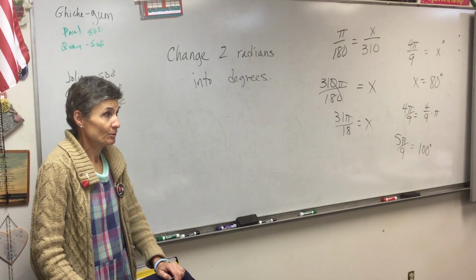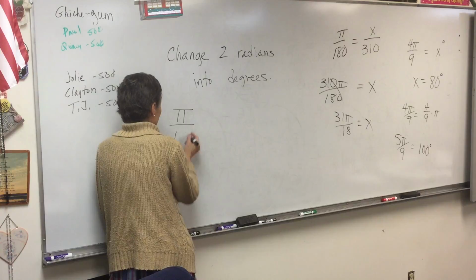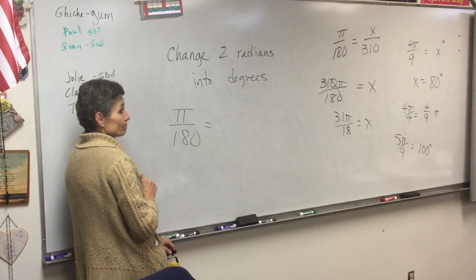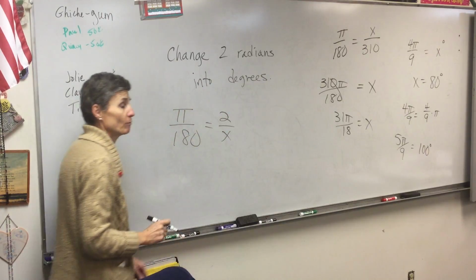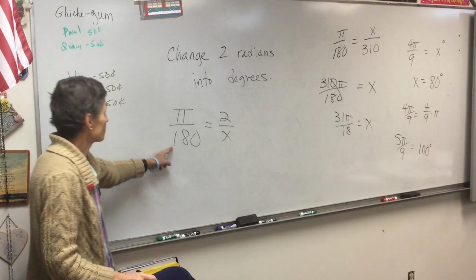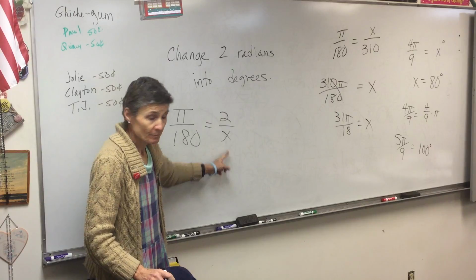What do you think I'm going to have to do? Set up a proportion. Pi over 180 will equal what? 2 over x. Bingo. That's it exactly. 2 over x. Pi radians is 180 degrees. So 2 radians is how many degrees?